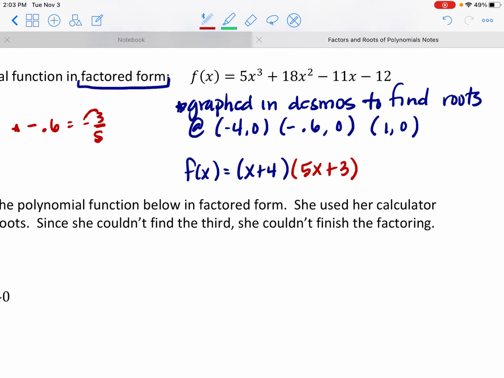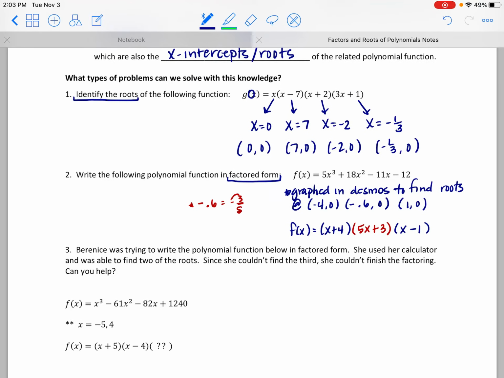Okay, and then lastly here, if 1 was a solution or a root, then x minus that 1 had to be a factor. So we should be able to identify the roots by looking at the function. We should also be able to write a function in factored form by finding its roots. So use the factors to find the roots, or use the roots to write the factors. That's what we did in 1 and 2.